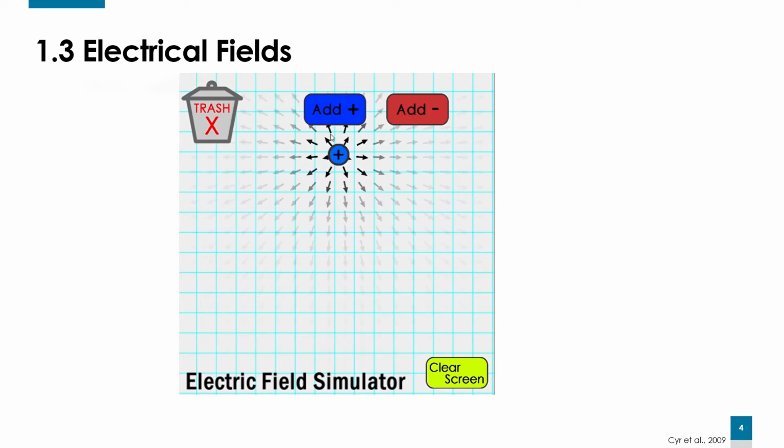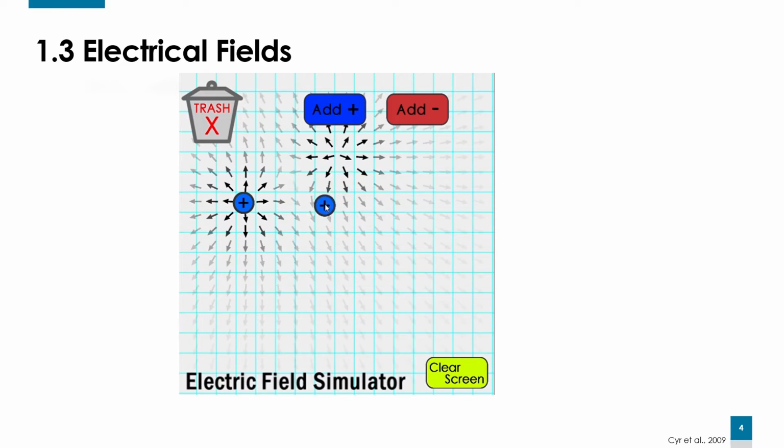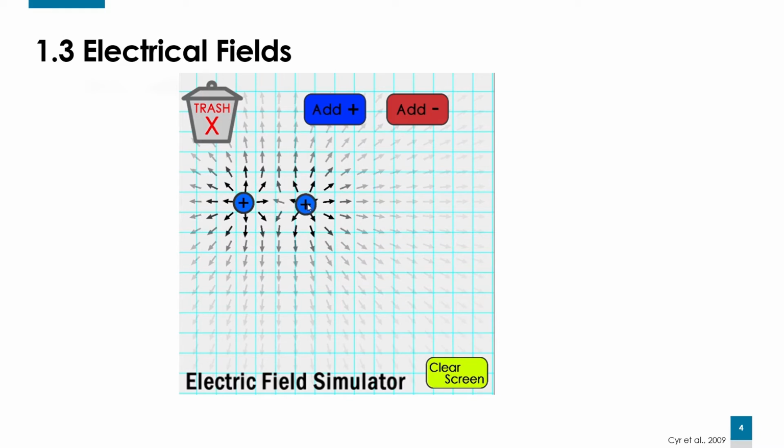If I add a positive charge, the electrical field goes away, right? If I add another positive charge, also away. And if I put them together, they repel each other. See the charge moving?